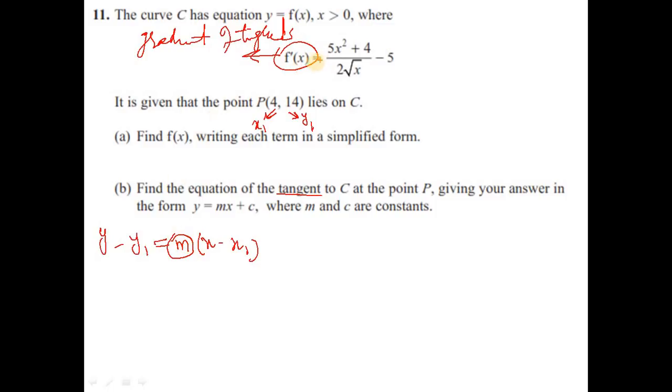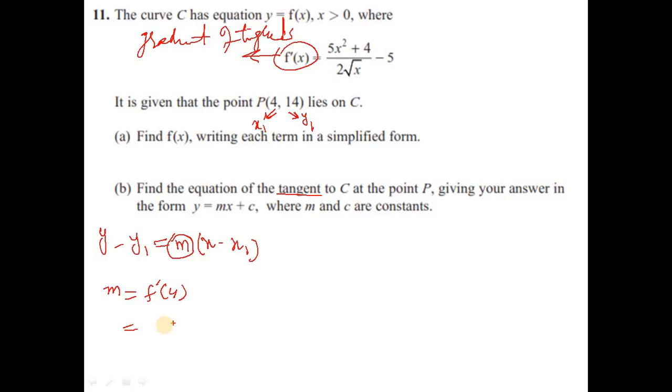But the derivative is the gradient of the tangent line. So we just substitute x equal to 4 to figure out the gradient of this particular tangent. That means m is basically f dash of 4.